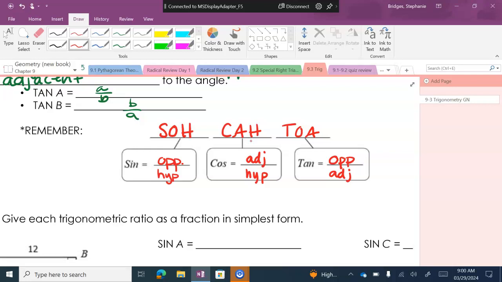Are we ready? I got a question. What does C-A-H stand for? Cosine is adjacent over hypotenuse. Sine is opposite over hypotenuse. Okay, I was testing you.